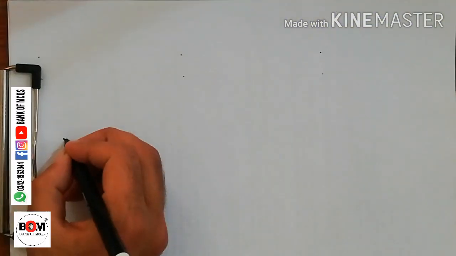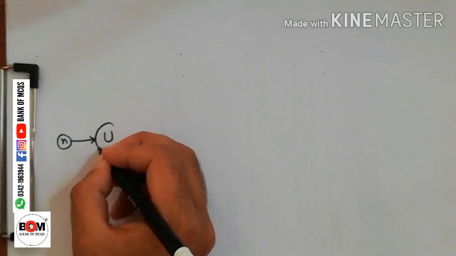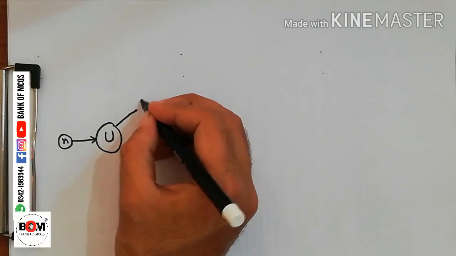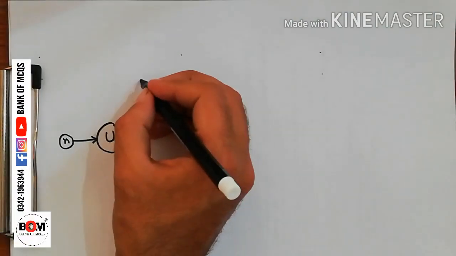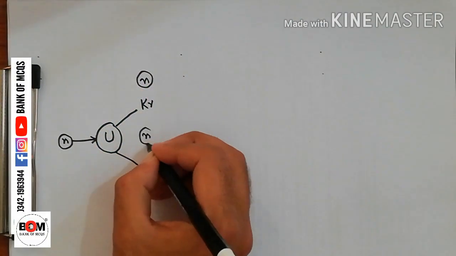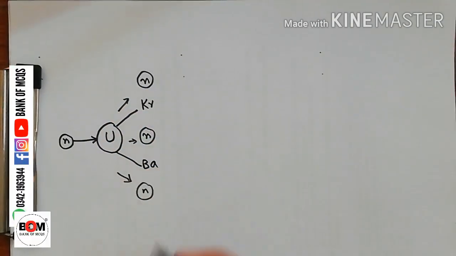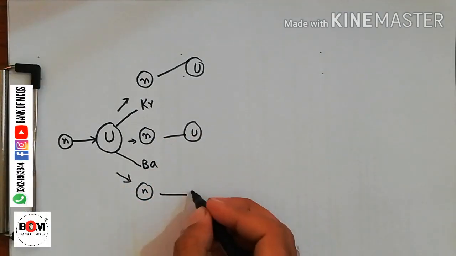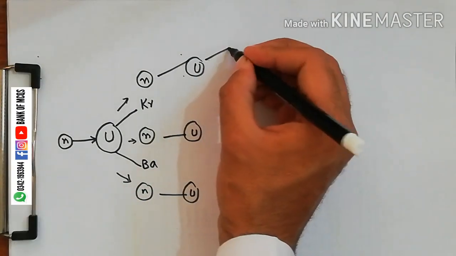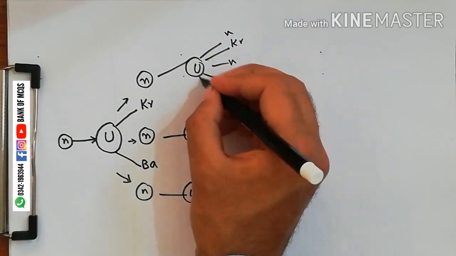Again, in the fission chain reaction, one neutron comes, hits the uranium atom, and it is converted into krypton and barium with the production of 3 neutrons. Next, what happens? These neutrons in turn hit other uranium atoms, and the uranium is again divided into krypton and barium with the production of 3 neutrons.